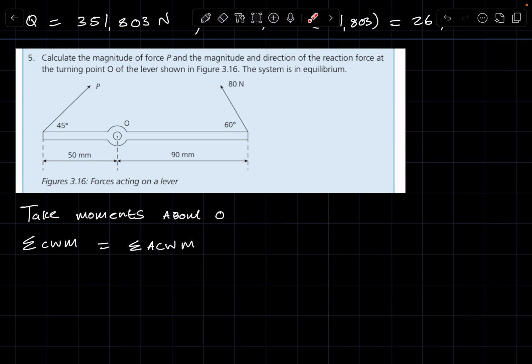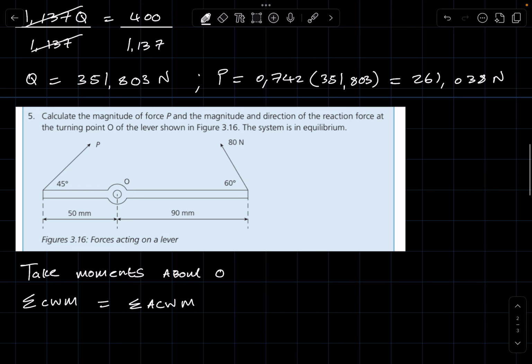Now, obviously, because we have oblique forces, we need to resolve these into their components. Let's use this. So this will have a y component and this x component.